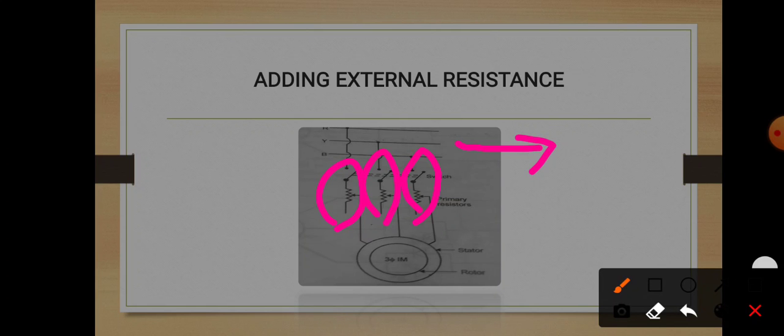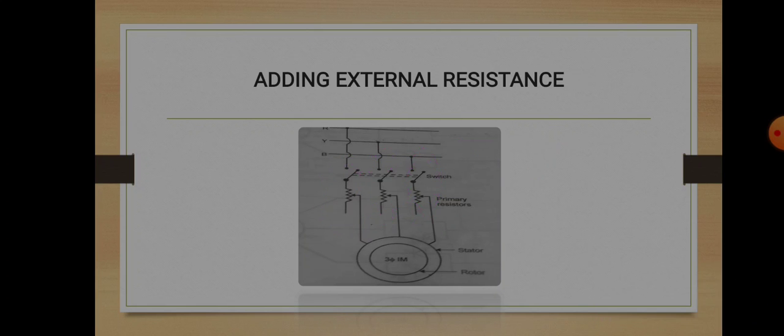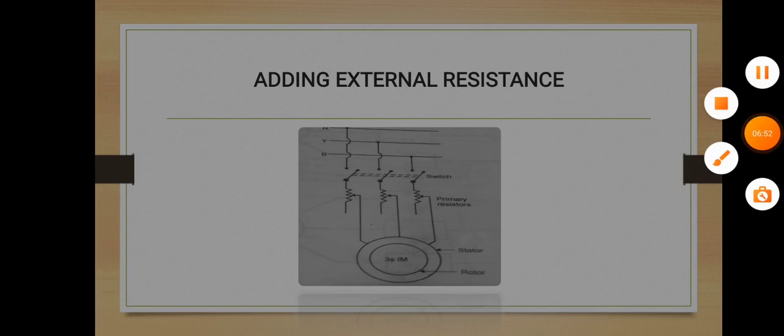By varying this resistance value, the voltage given to the induction motor can be varied, and therefore the speed of the induction motor can be controlled. So these are some of the conventional methods, four methods, of controlling the speed of the induction motor.